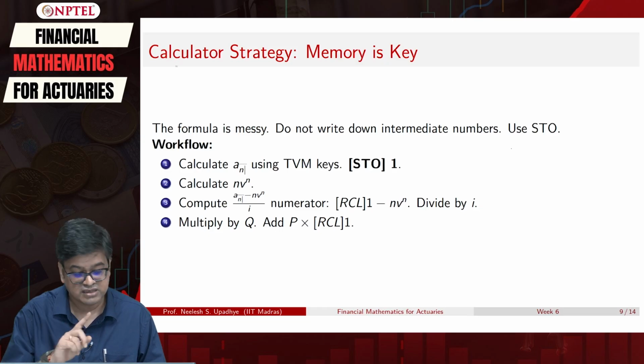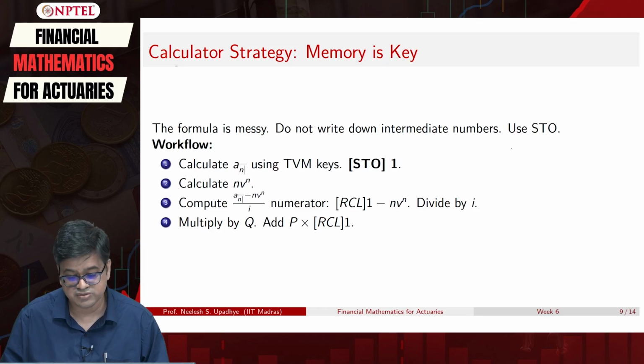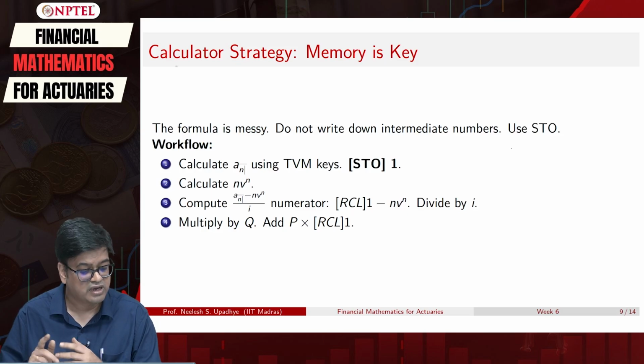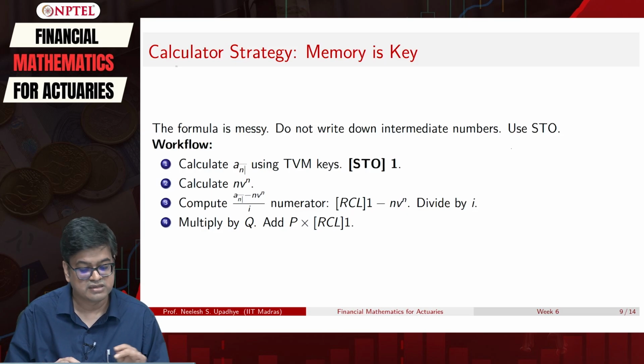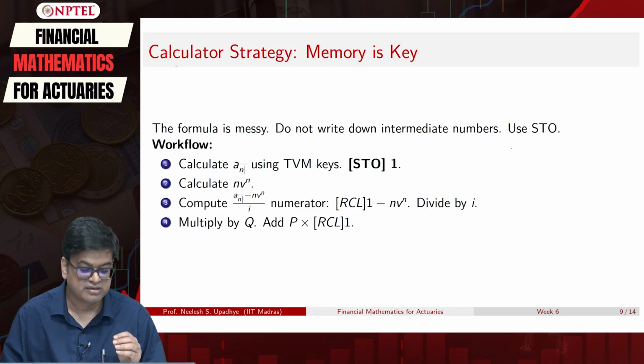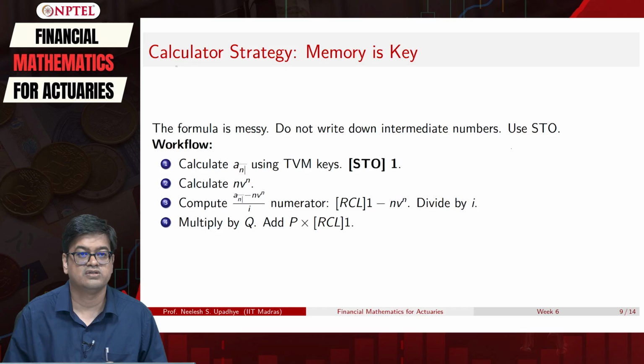N V raised to N you can store in store 2, recall 1 minus recall 2, and then divide by I, then multiply by Q, and then finally add P times RCL, which is recall of the stored value of A N, that is 1, right. So if you follow this you will have fewer decimal errors.